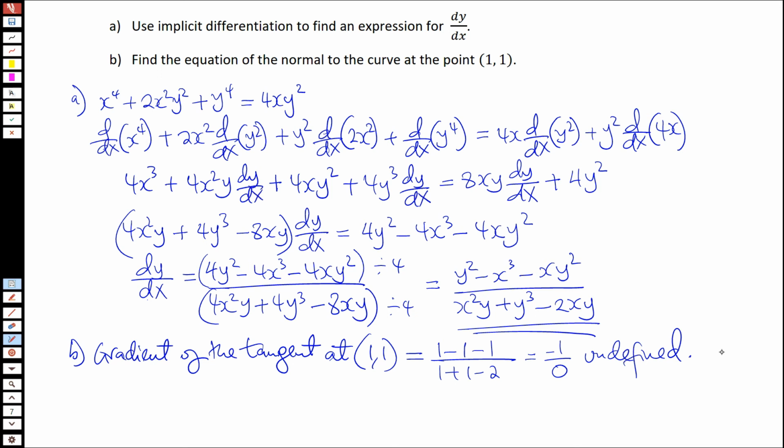Because the tangent at this point is vertical, its gradient is undefined, as you can see here. Because this point is (1, 1), it means that the equation of the tangent is actually x equals 1.